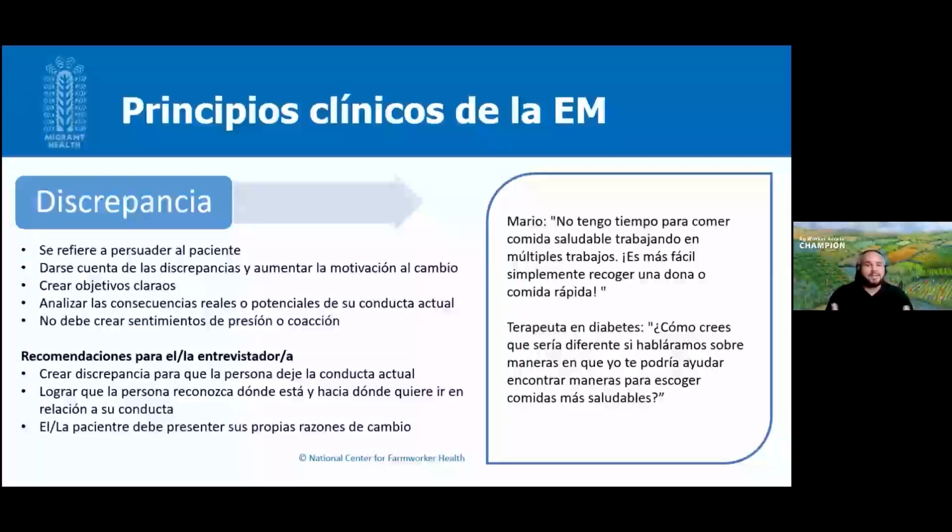So some of the recommendations for the interviewer or therapist is to create that discrepancy in the patient's mind between where he or she is and where she wants to be. We need to be able to show proof, evidence that this patient can overcome the difficulties, and we have to communicate this to the patient.